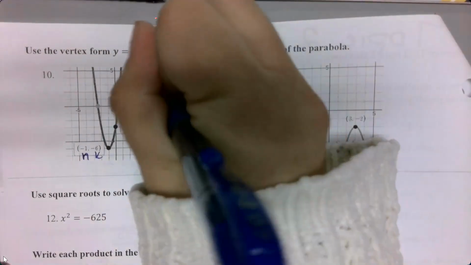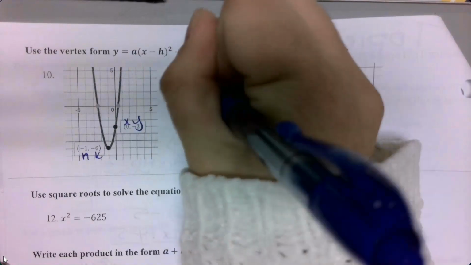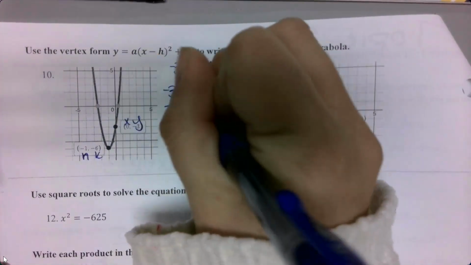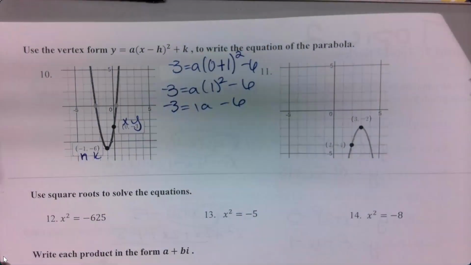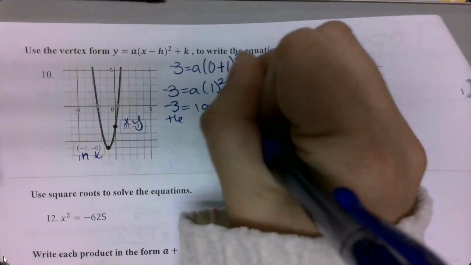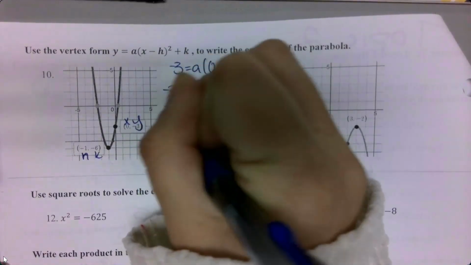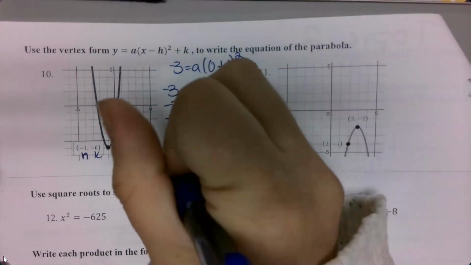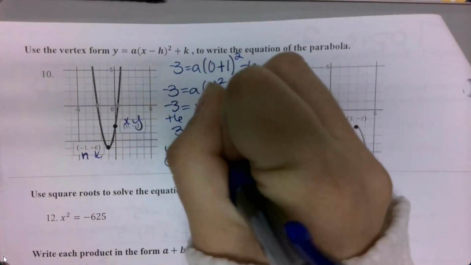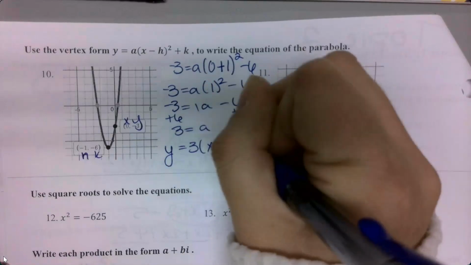And then I just want to solve this. So -3 equals a times 1 squared minus 6. 1 squared is 1. I don't have to write that, I just wrote it so you guys remember it's there. Then I want to add 6 to both sides. I get 3 equals a. So I can plug back in a, h, and k. I have y equals 3 times x plus 1 squared minus 6.